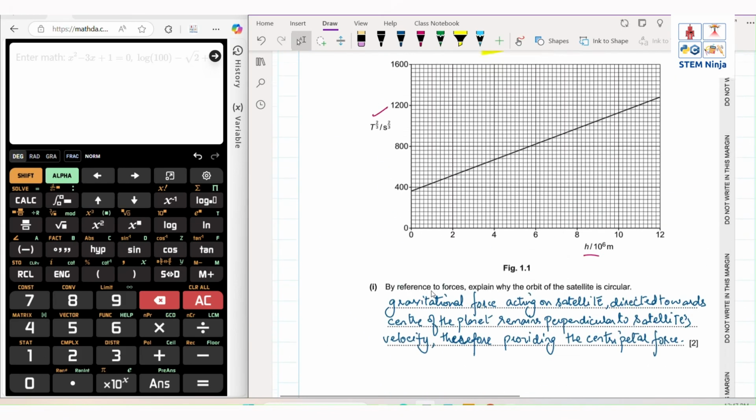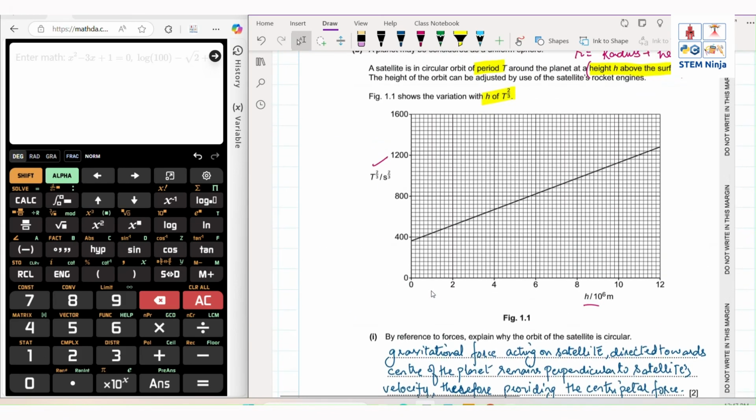So we go back to the graph and find any two points to take the gradient. First, we need to know how the y-axis resolution works. If 400 is divided into 10 markings, each mark represents 40. So this would be 400 minus 40, 360. This point is (0, 360).